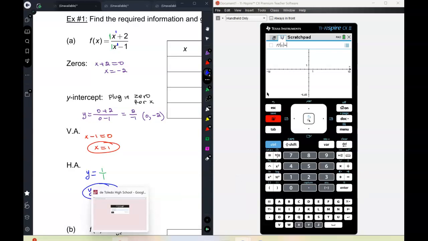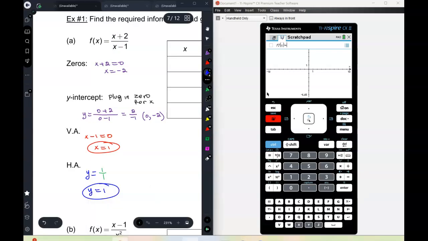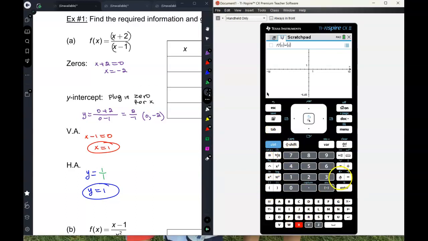When you're plugging in a rational function to graph, you have to use parentheses. So right here, you have to put parentheses here and here. So why don't we go ahead and do that? In parentheses, we have x plus 2, close parentheses, divided by, in parentheses, x minus 1. Enter. Okay, that's what that looks like.